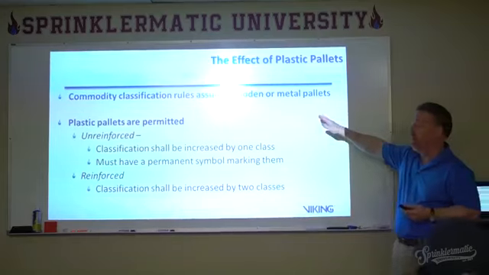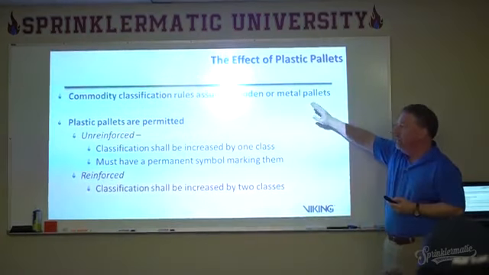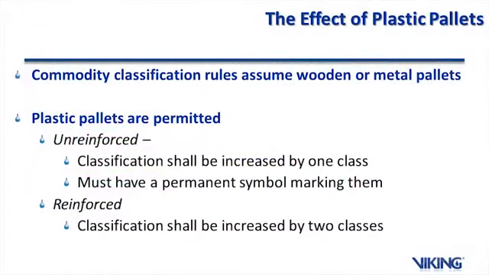So here's the impact. The commodity classification, as we said before, assumes wooden or metal pallets. That's what it was based on. Plastic pallets, no, they're not just permitted, they're used. That's a fact of life, as long as we follow these particular rules.